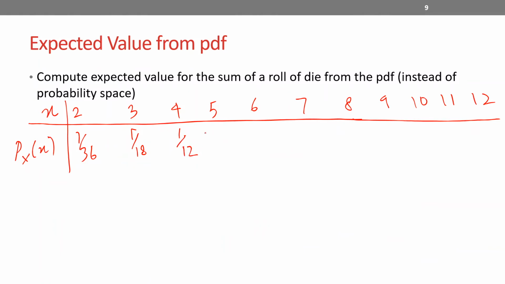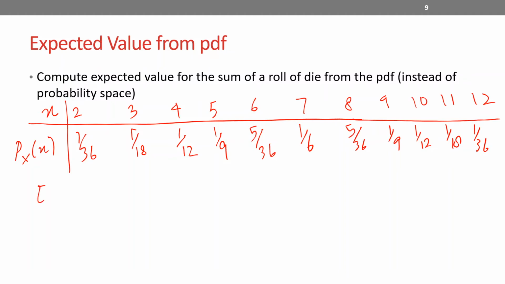And 5 appears 4 times, so 4 over 36, which is 1 over 9. Similarly we can calculate the entire PDF for this experiment: 5 over 36, 1 over 9, 1 over 12, 1 over 18, and 1 over 36.